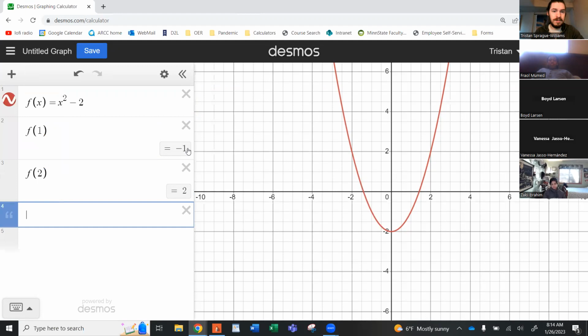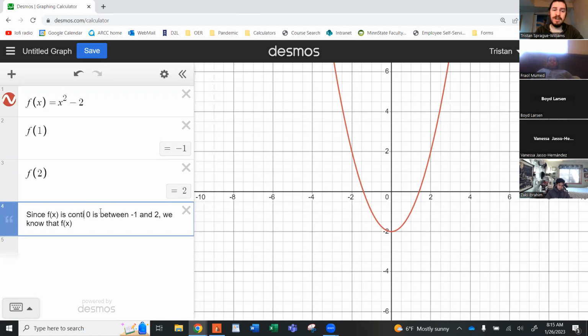Pay careful attention here to those outputs, right? Negative 1 and positive 2. Since 0 is between negative 1 and 2, we know that f of x, oh, hang on a second.